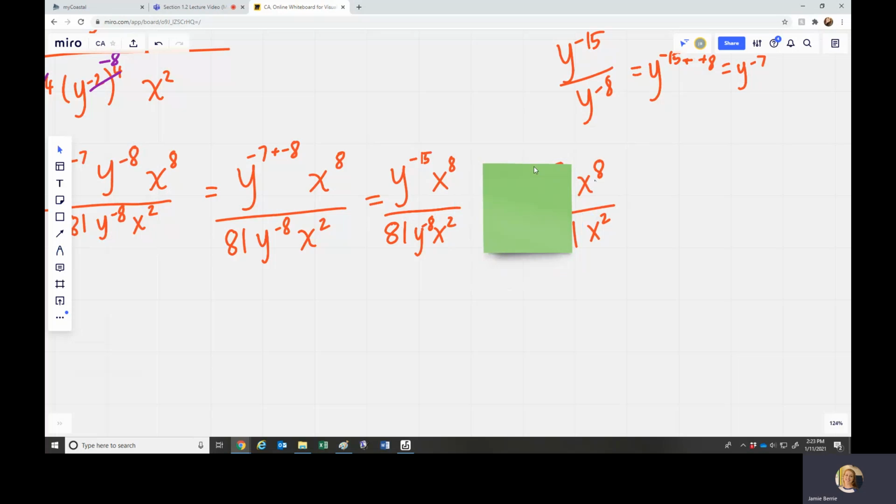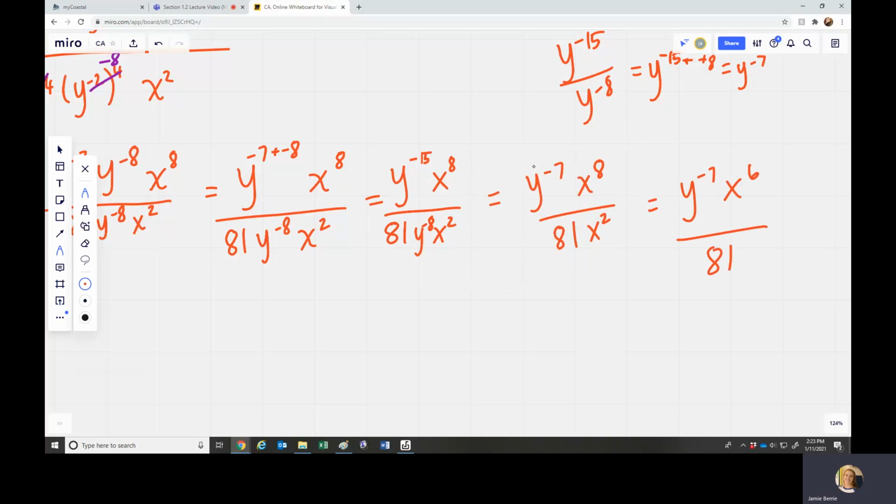And again, that goes in the numerator. So that would be y to the negative 7, x to the 6, 8 minus 2 is 6, over 81. 81 stays down there in the bottom. It doesn't have a negative exponent.